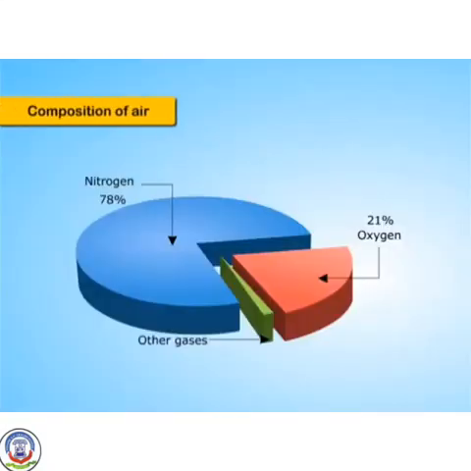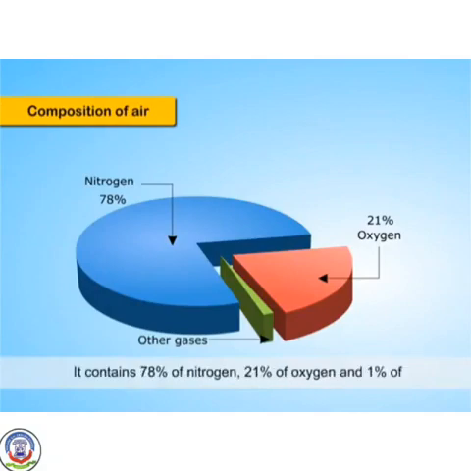Composition of air. Air is a mixture of various gases. It contains 78% of nitrogen, 21% of oxygen, and 1% of several other gases such as carbon dioxide, argon, helium, hydrogen, etc. In addition to these, air also contains water vapors, dust, and smoke.